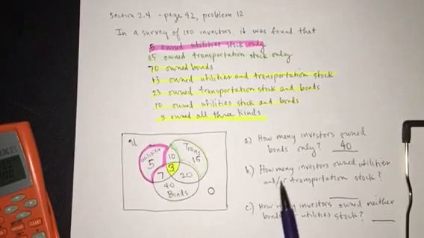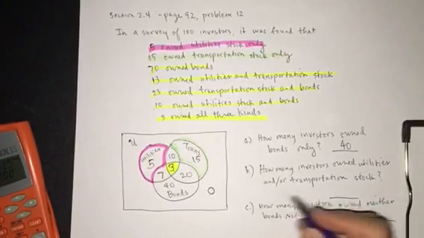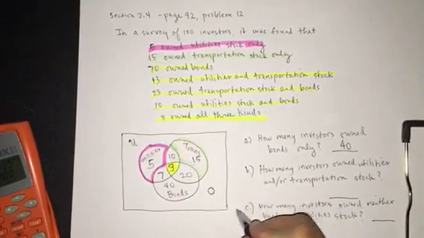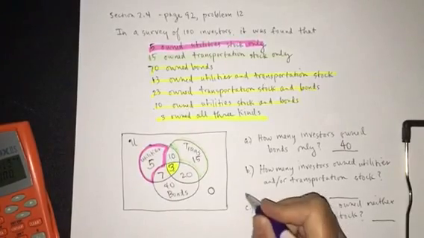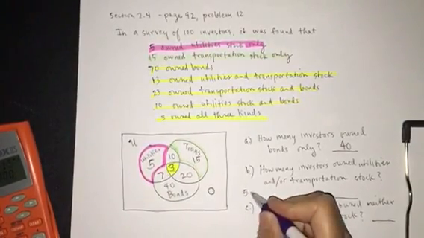For part B, how many investors owned utilities and or transportation stock? So with the and or, I could have anybody in utilities and anybody in transportation. Be careful not to count people twice. I'm going to write this out on here. Okay, I have the 5 who owned just utilities.